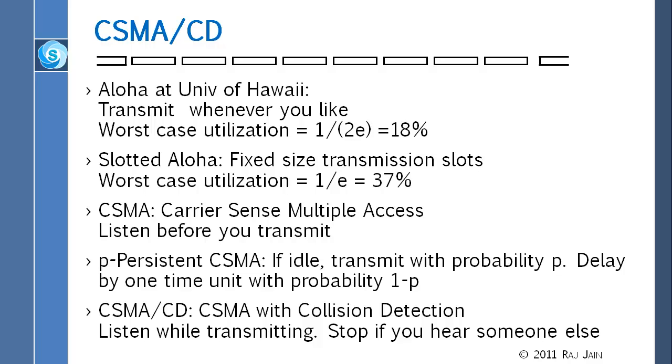If the medium is idle, you take some probability, take a random number P, and then you speak. So if everybody draws a different random number, there won't be any collision. Whoever gets the smallest random number will wait for the shortest time, so you have to draw a random number for how long to wait. And so whoever gets the smallest number will speak up first.